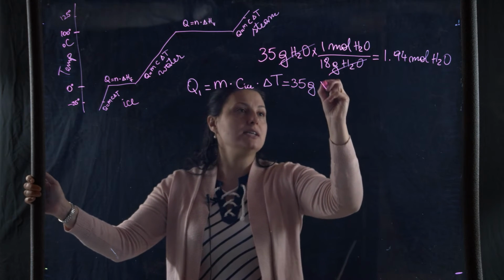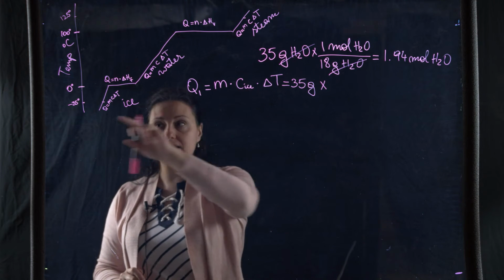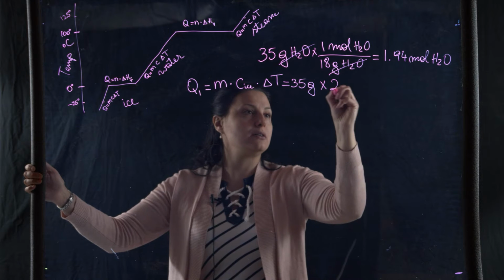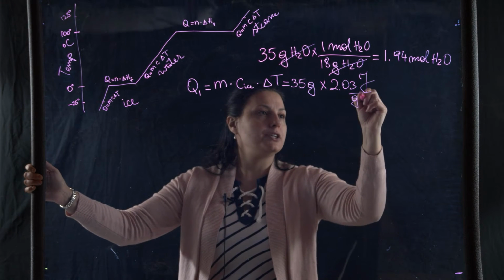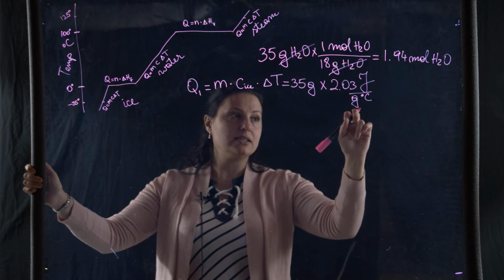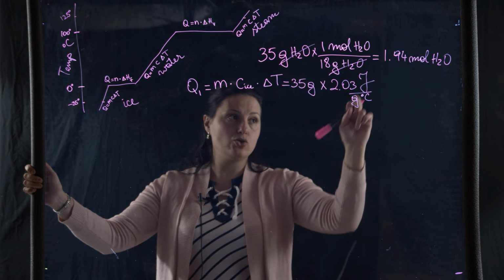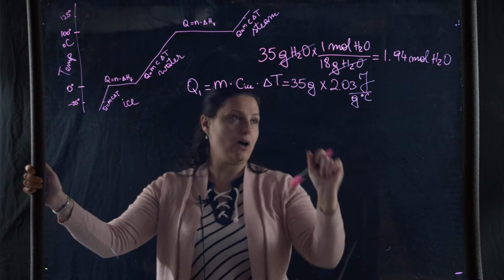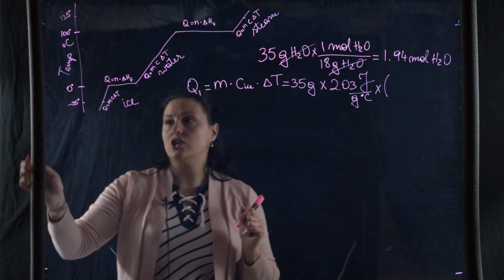35 grams times the c for ice. It's not going to be 4.184 because I have ice here, not liquid water. It's 2.03 joules per gram degrees Celsius. Notice how even the specific heat dictates that the mass be in grams, not moles, because I have joules per gram degrees Celsius, meaning this mass has to be in grams to cancel out. Times the temperature change.